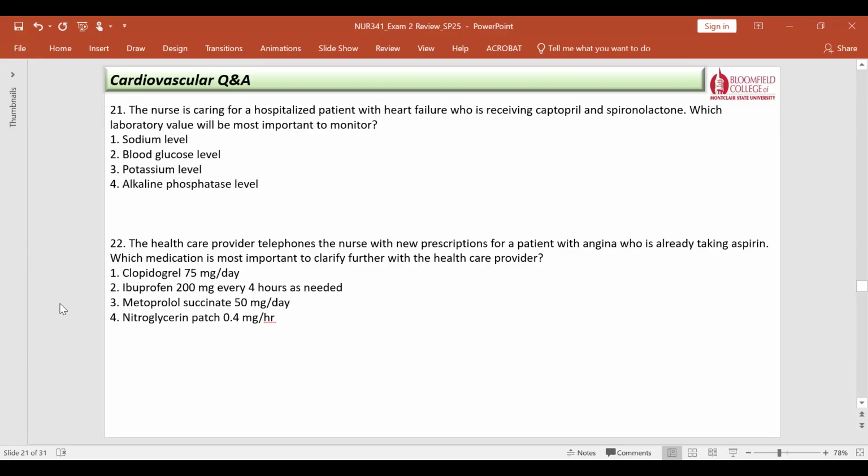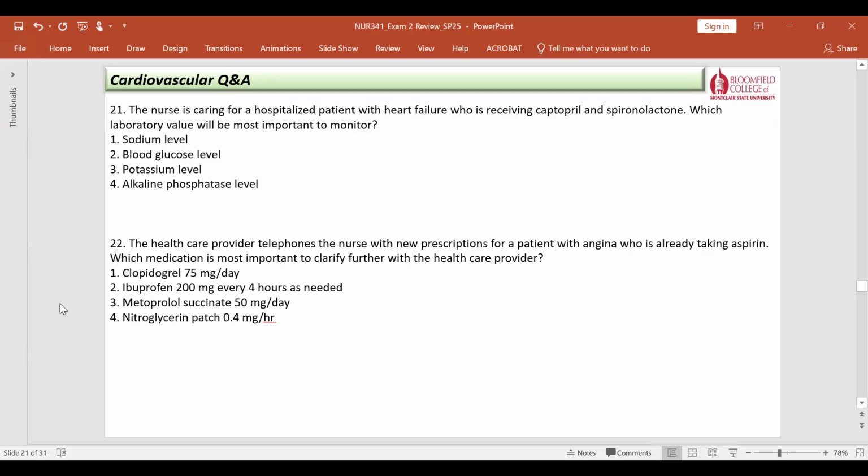Anyways, if you want to exclude clopidogrel for a minute, the ibuprofen is the most important one. Remember the question we answered about the post stenting, where the patient was on aspirin and clopidogrel and may have developed a GI bleeding. That was a different scenario. It was about the GI bleeding.